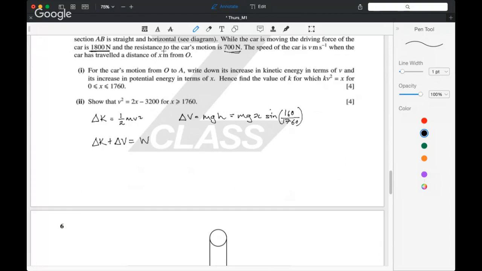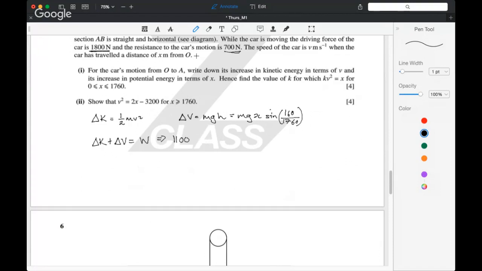So the work done is going to be the difference between those two, because 700 newtons goes on fighting the resistance. Only the remainder, 1,100, will actually do work on the car. That's all that's available to do work on the car. So no problem. We've got that 1,100.